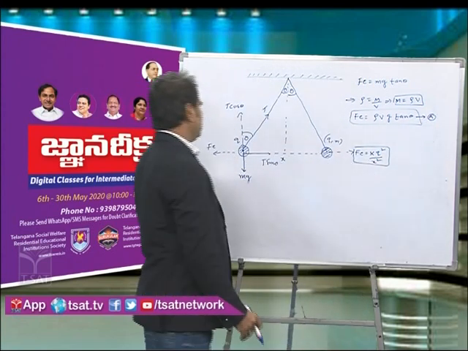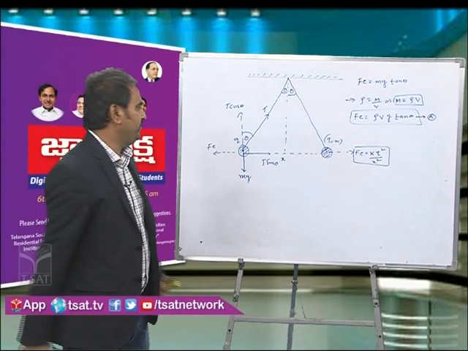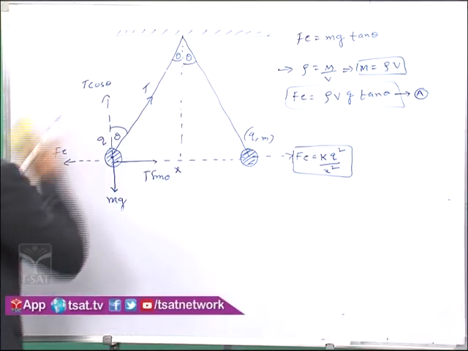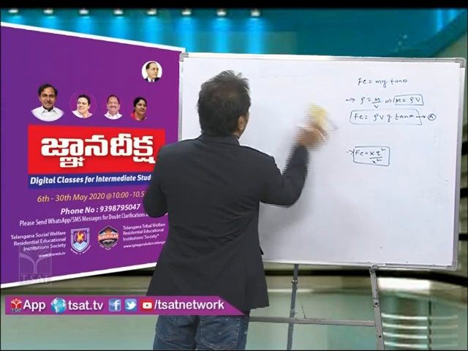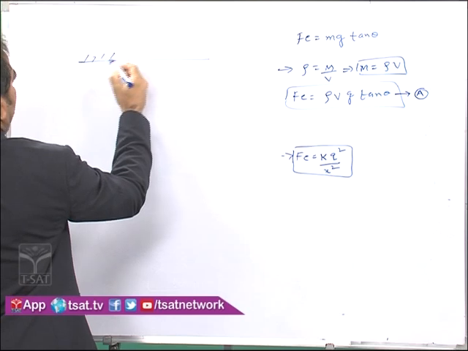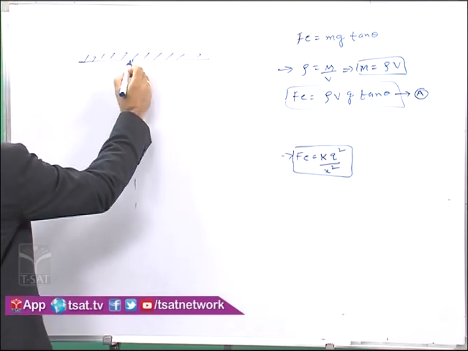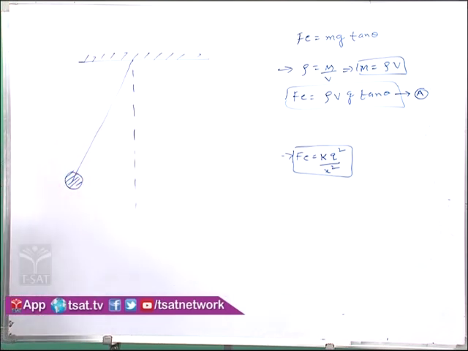In the second case, this whole arrangement is immersed in a liquid, dipped in the liquid like this. This is the vertical direction. This is the reference ball we have already taken.